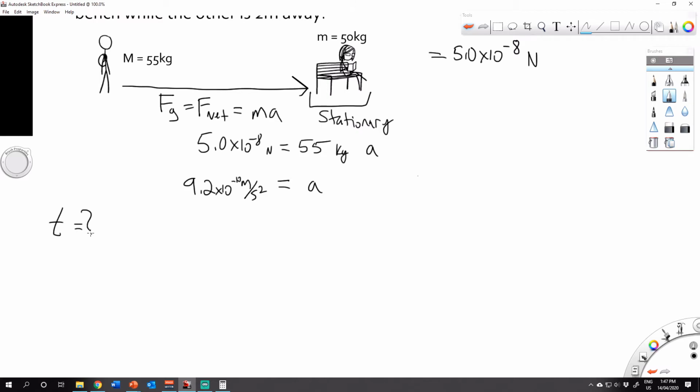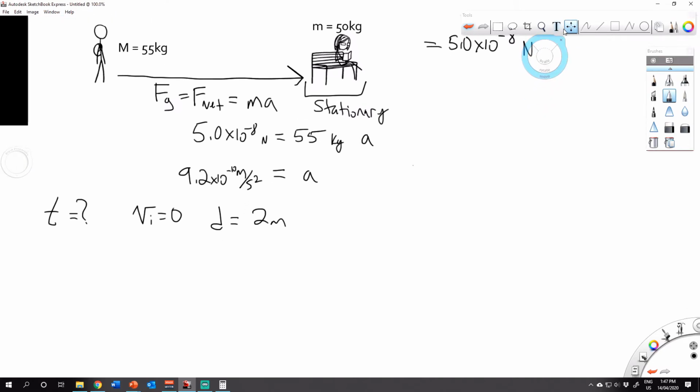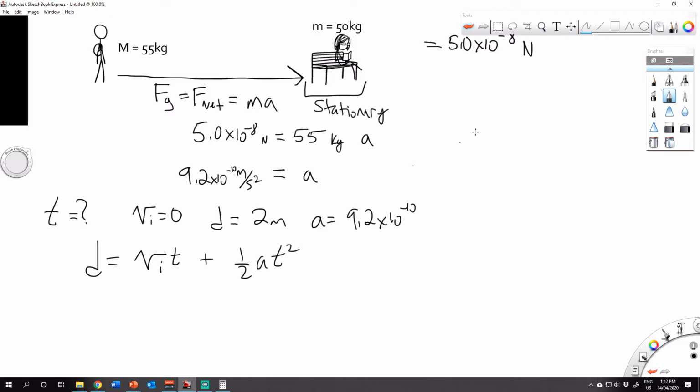If the person with the backpack starts with no initial velocity and all we have is a distance, 2 meters, and an acceleration of 9.2 times 10 to the negative 10, I think we will end up using this formula: d equals v_i t plus 1/2 a t squared.